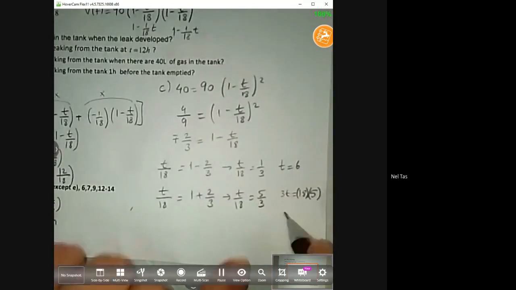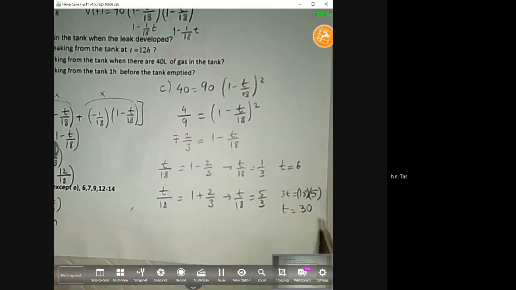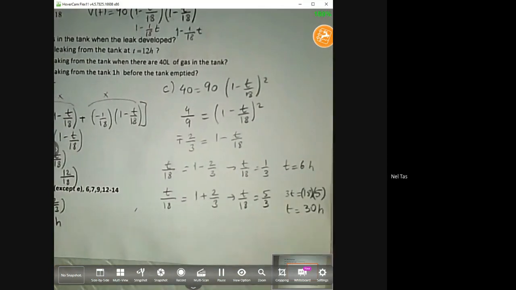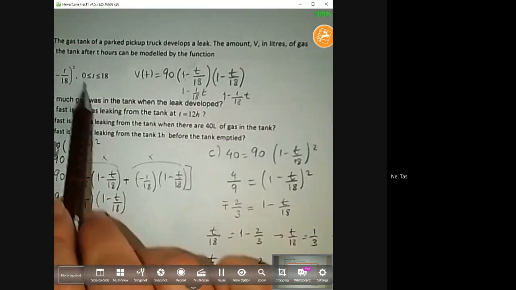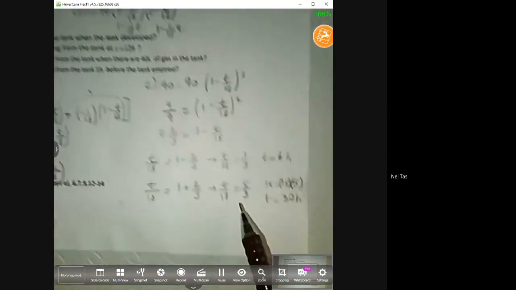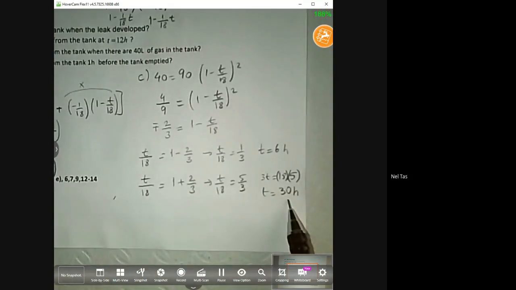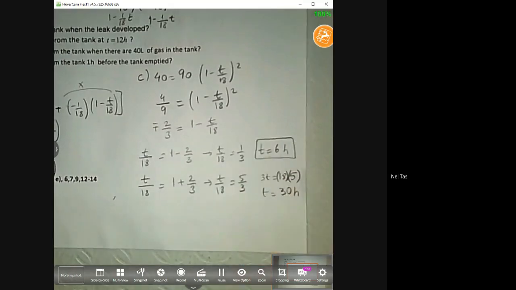Divide both sides by 3. 6 times 5, 30. Okay, so you got 2 times here, 6 hours and 30 hours. However, go and check the given domain. Time is in between 0 hours and 18 hours. So 30 hours is not in the given domain, so we cannot use this time. So we can only take time equals 6 hours.